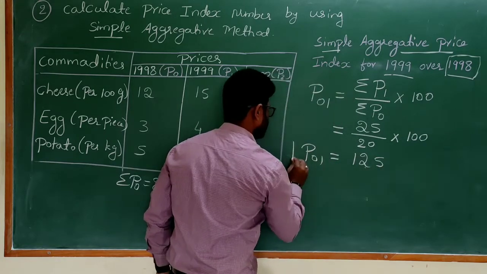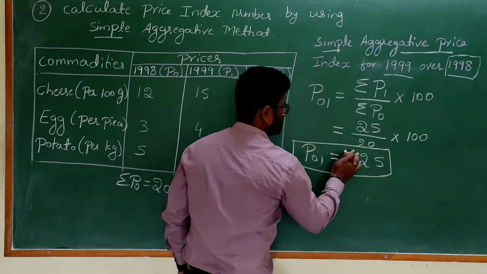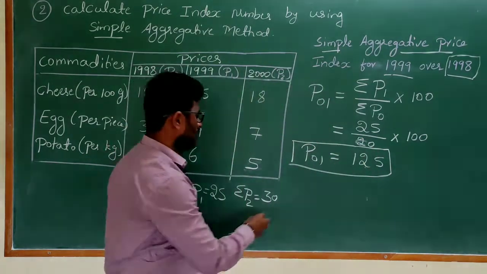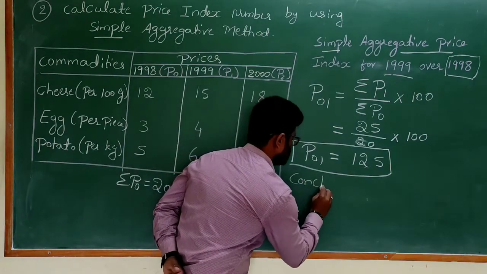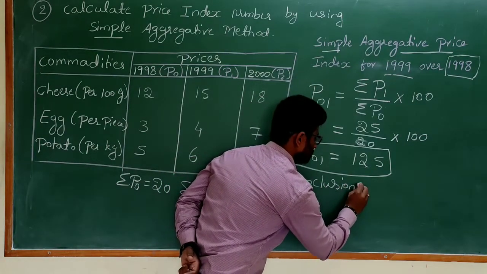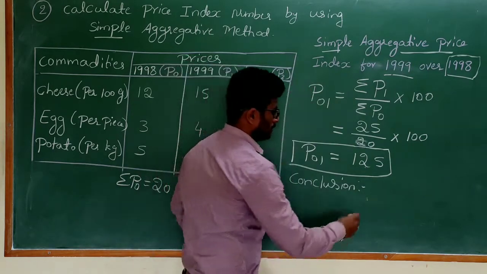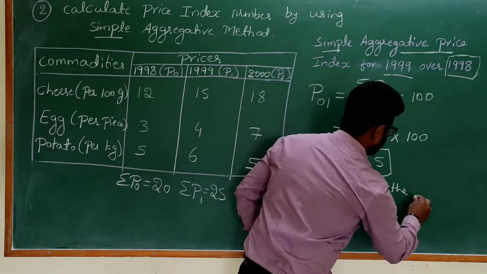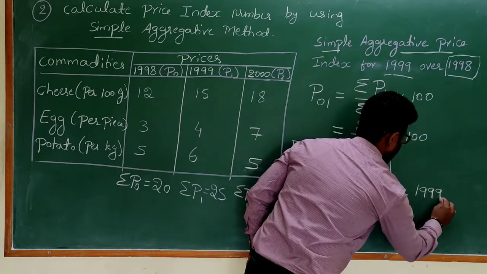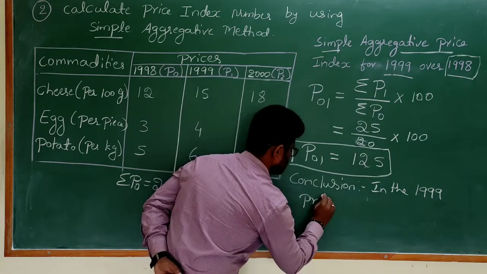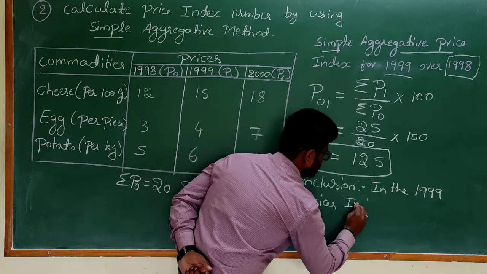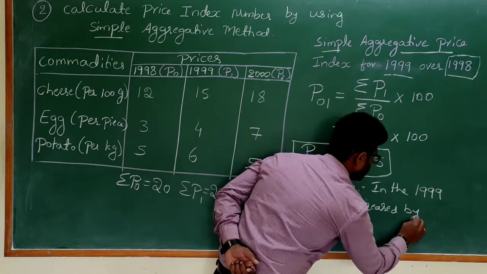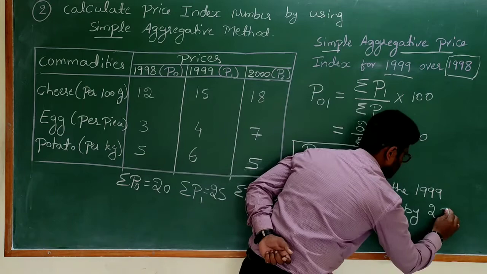P01 is 125. So, we should give a conclusion for that. The conclusion is, in 1999 prices increased by 25%.